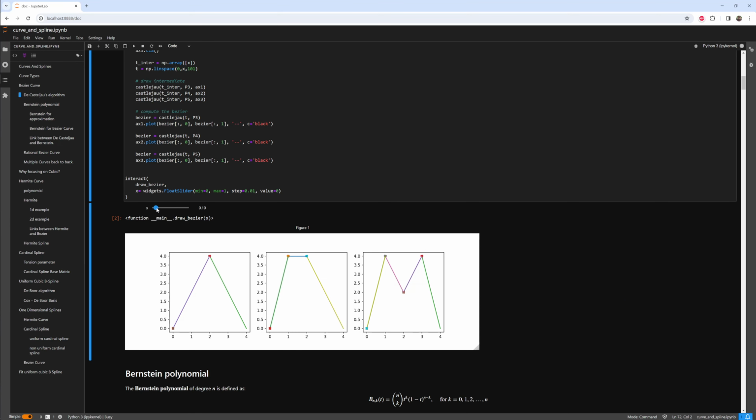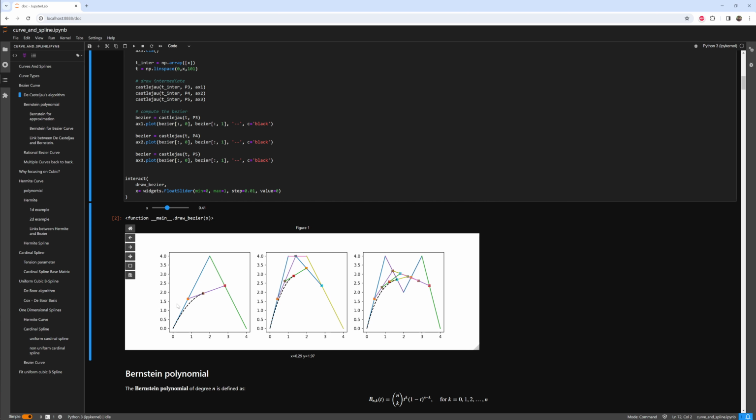If I draw the Bezier curve for the simple case of a quadratic one, we start at the first point, we end at the last point, and the curve goes towards the point in between. The Casteljau algorithm computes this by a bunch of linear interpolations.